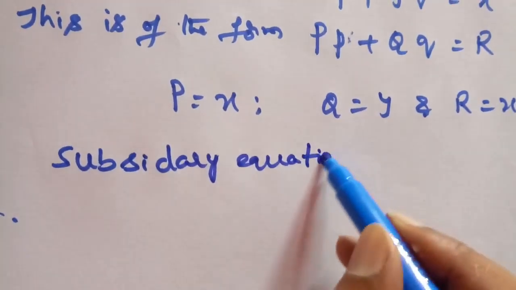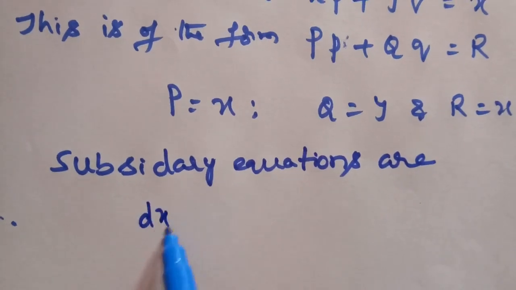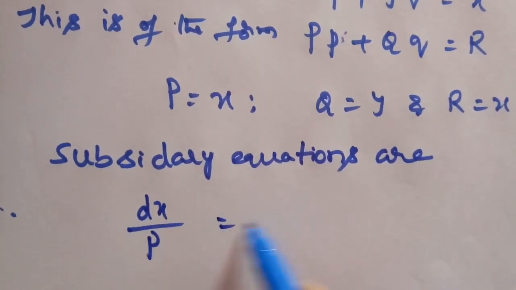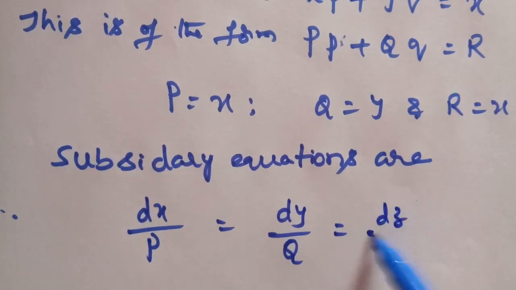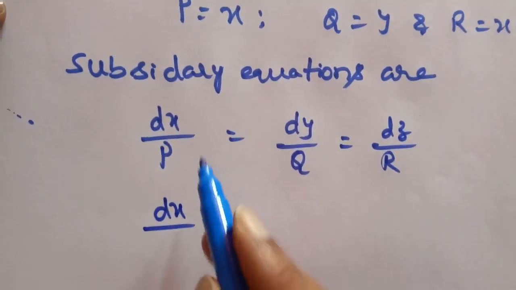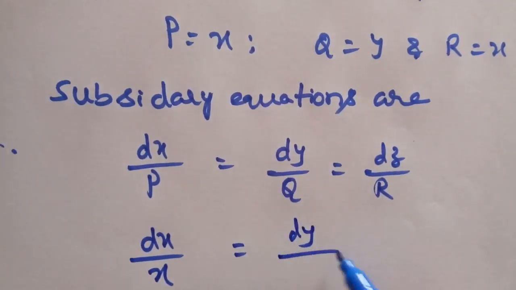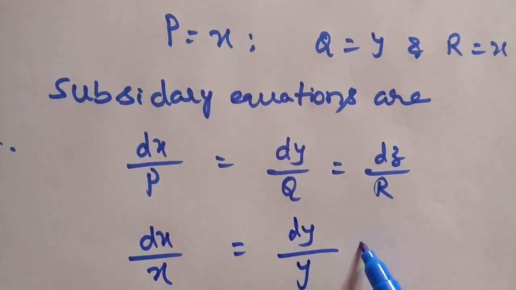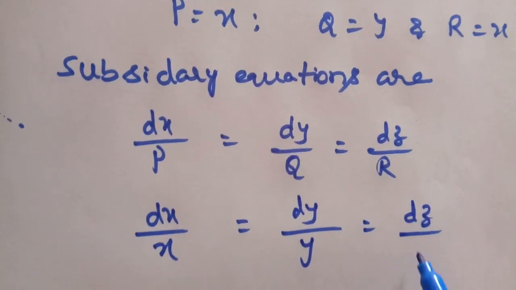Now substitute. Subsidiary equations are dx by P, dy by Q, dz by R. Now P is equal to x here, Q is y, R is x.